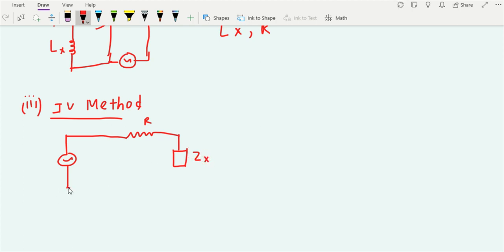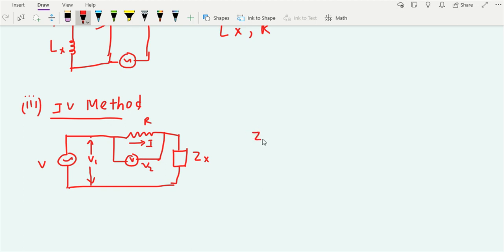If you connect with this ZX, this is a very simple measurement process. The source voltage you can measure using a voltmeter, let's say V1. The current flowing through this resistance is I, and if you measure the voltage across the resistance using a voltmeter, let's say it is V2.